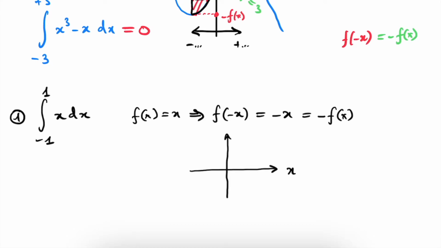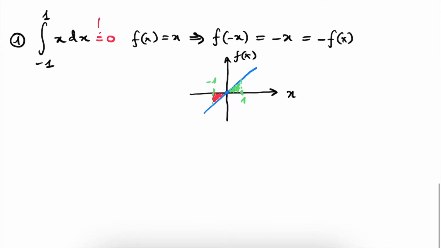If this is the x-axis and this is the f of x-axis, then f of x will always be a straight line right through the origin. So if we now integrate from -1 to +1, then we see that we indeed again have this negative area right here and this positive area right here, which cancel each other out. So this integral will always be 0.